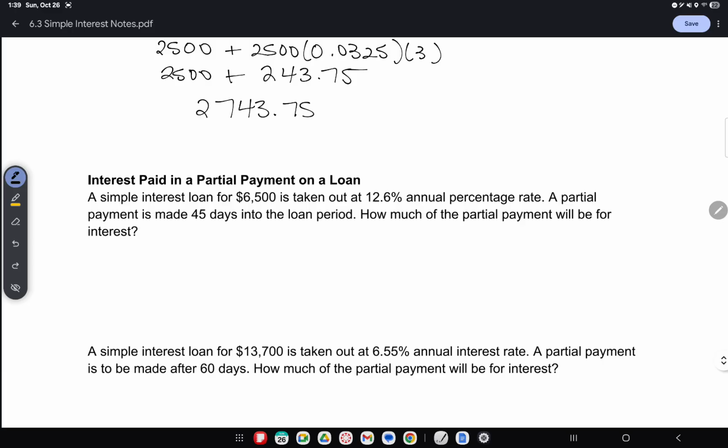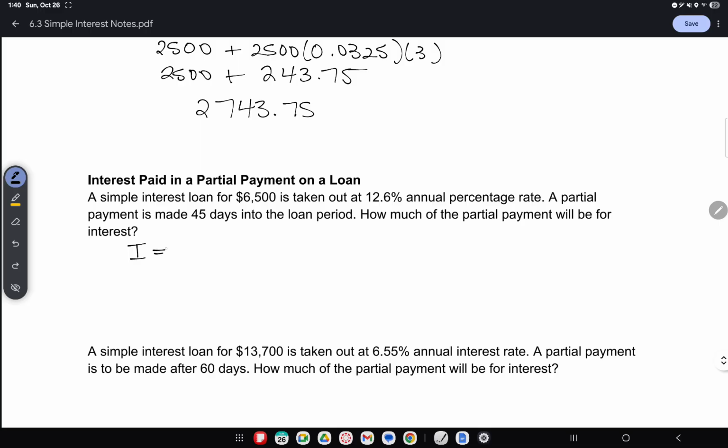All right, interest paid in a partial payment on a loan. So a simple interest loan for $6,500 is taken out with a 12.6 annual percentage rate. A partial payment is made 45 days into the loan period. How much of the partial payment will be for interest?